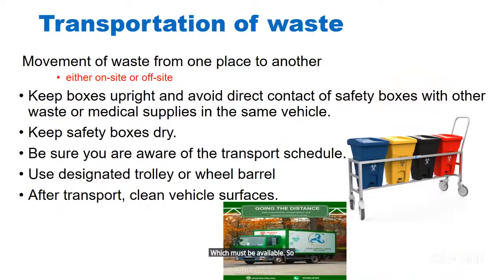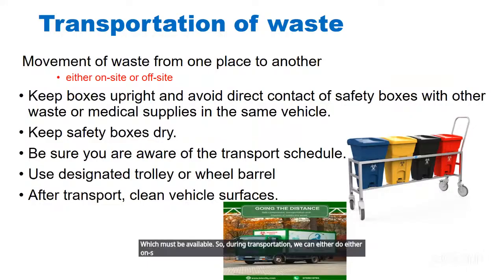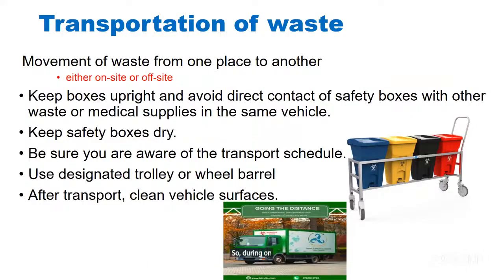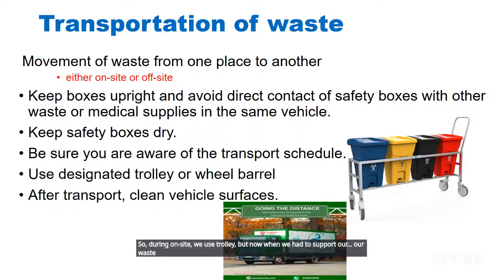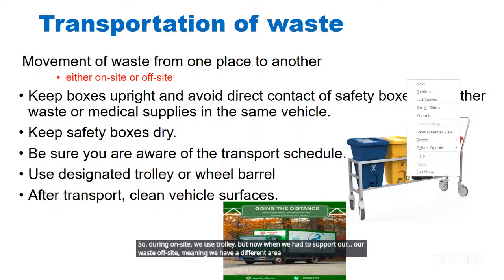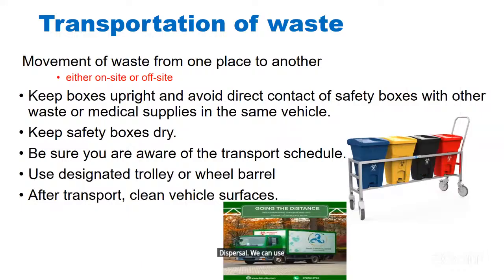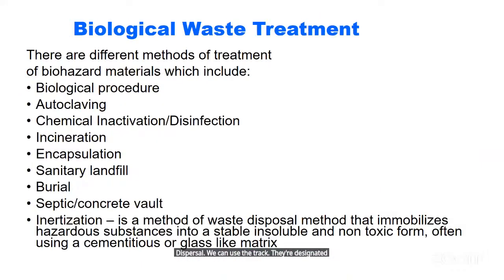During transportation, we can do it either on-site or off-site. On-site, we use a trolley, but when we have to transport our waste off-site, meaning we have a different area where we do our waste disposal, we can use the designated waste truck that has been provided. Then we have biological waste management or disposal. Here we have the biological procedures.